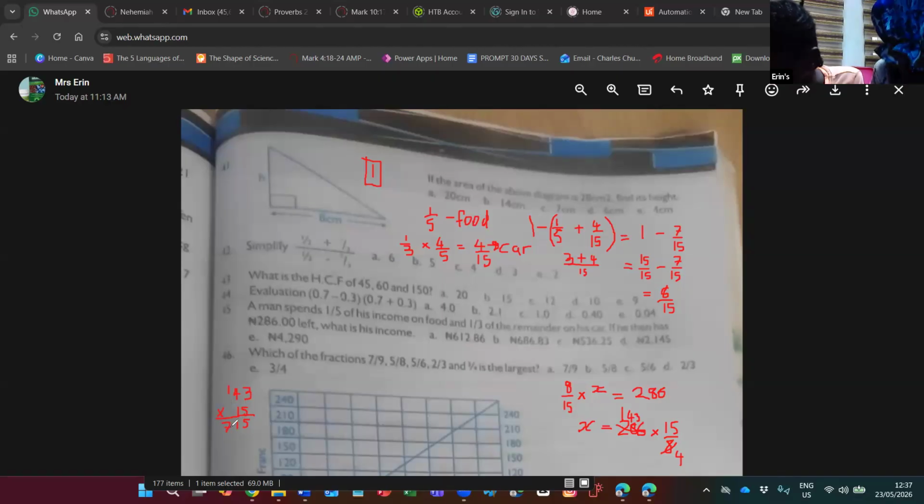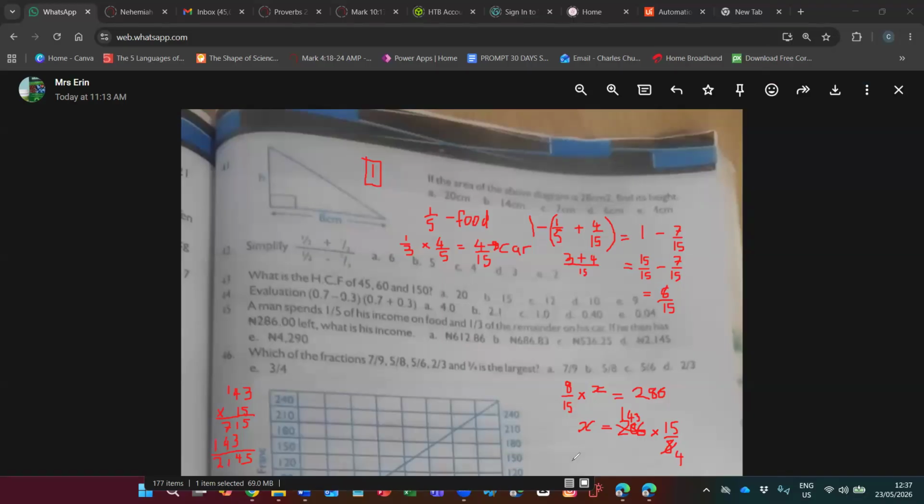So my answer is 2,145. 2,145 divided by 4. I think we're getting the same answer. Yeah. 2,145. Yes. Okay. Now don't forget that there is an over 4 there.